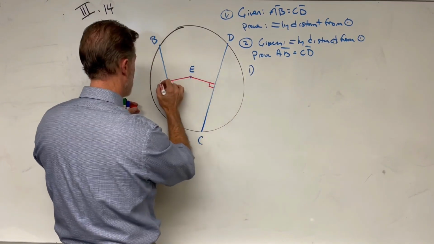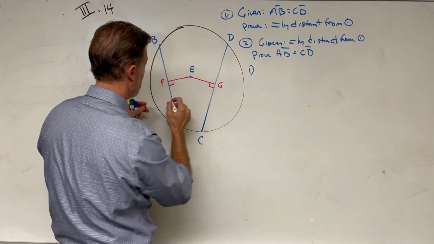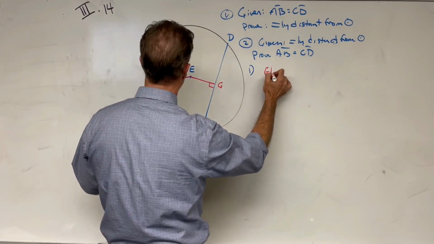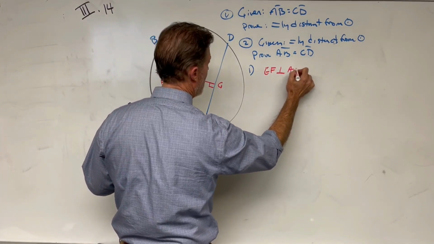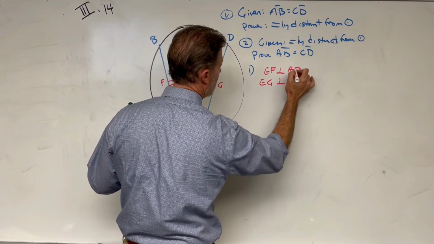So we now have EF and EG. We have drawn EF perpendicular to AB, and we have drawn EG perpendicular to CD.